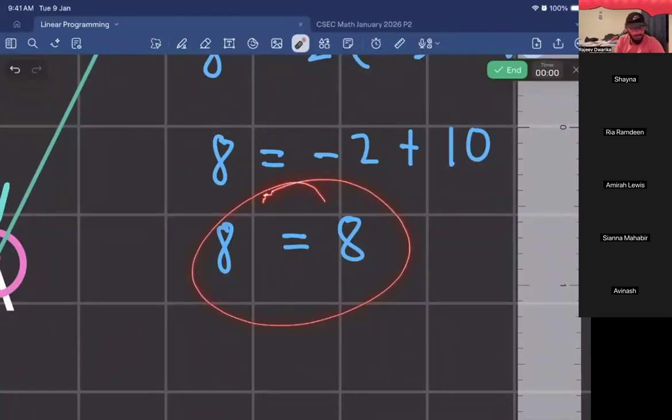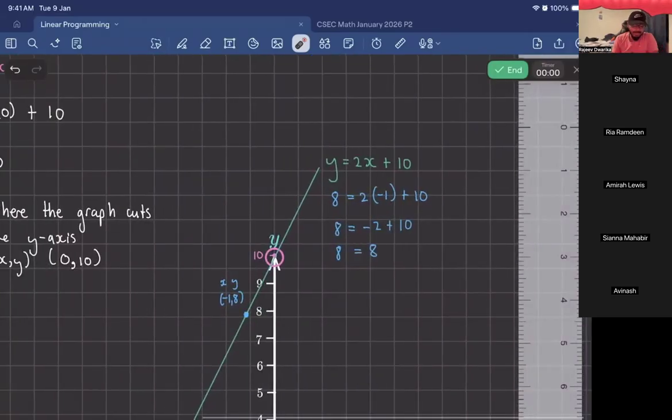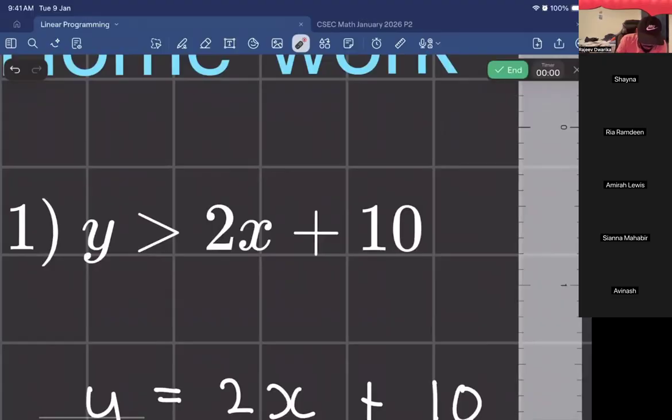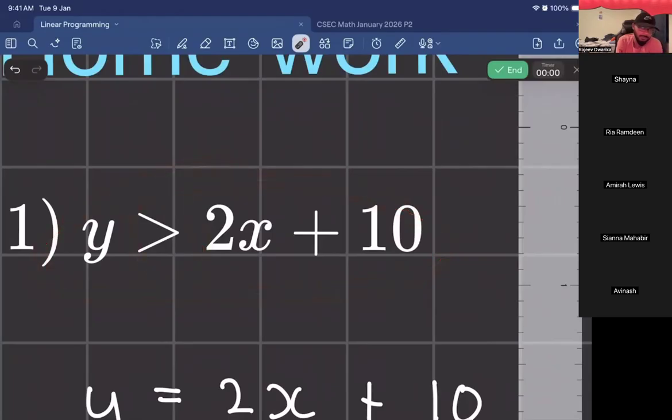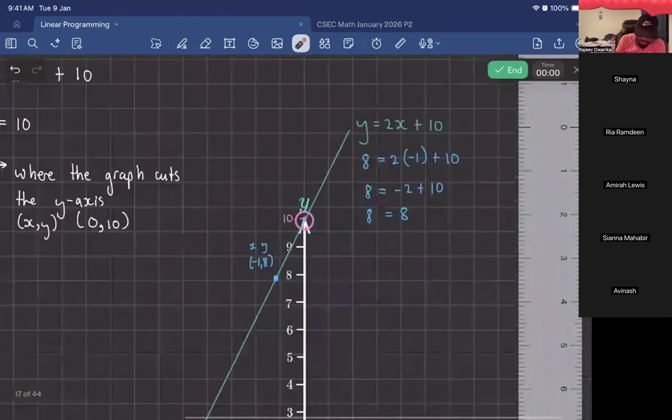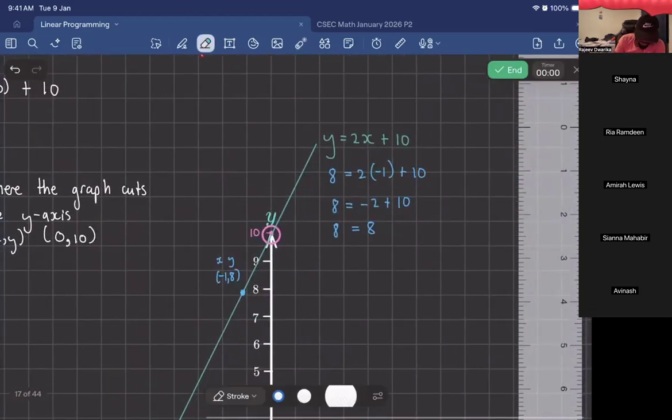We found out they were equal. Exactly. Now, is that what we want to show? Do we want to show that they're equal? No, sir. We want to show that they are what? More than. Exactly.